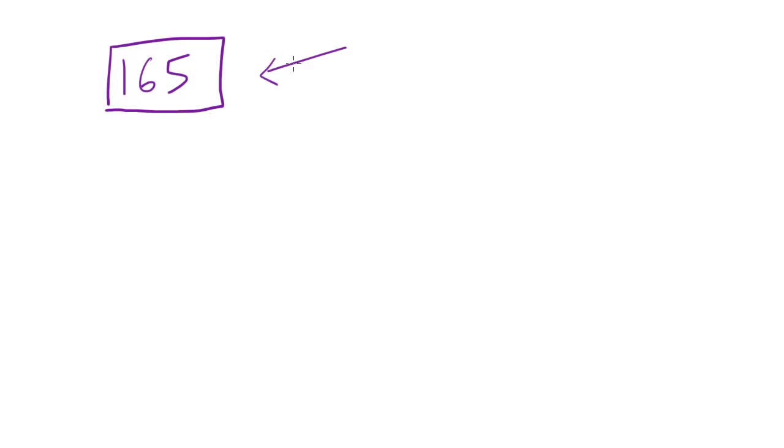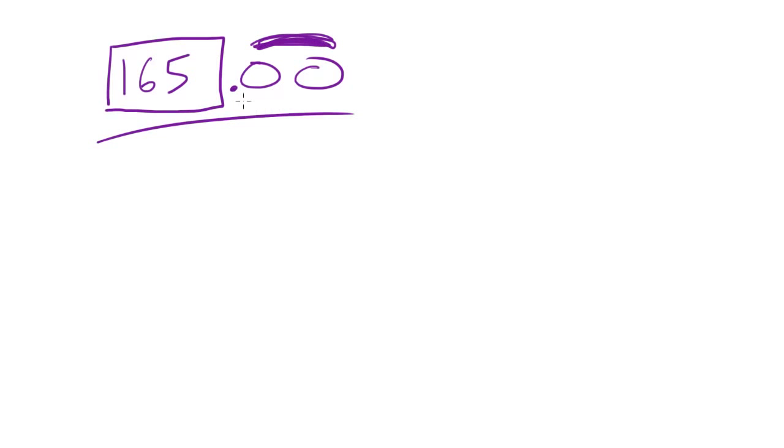Especially with multiplication and division, your answer can't be more precise than your least precise factor. By that I mean you can't assume this number is 165.00 because we don't have the equipment to verify that. We can only work with whole numbers since this information right here is unknown. So we can't just claim it to be whatever we want it to.